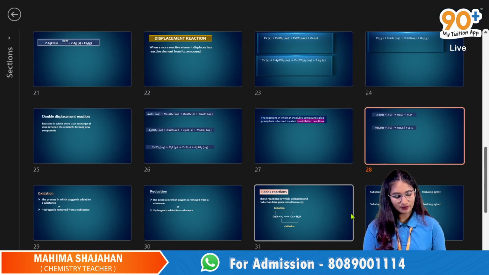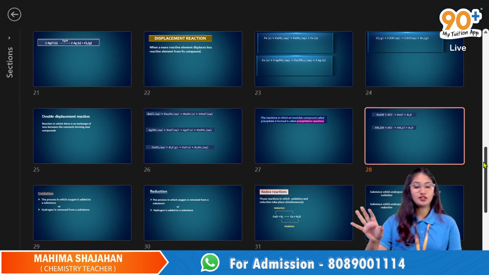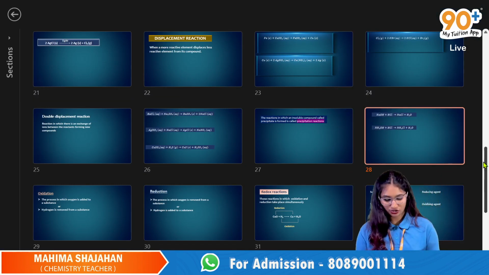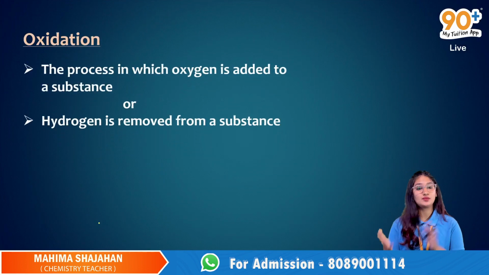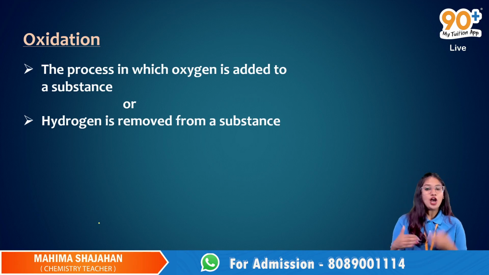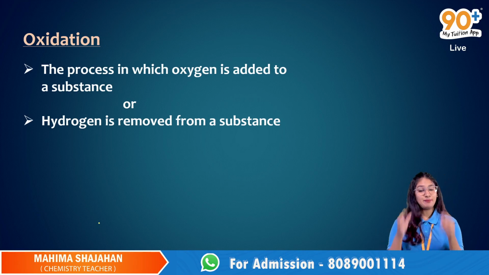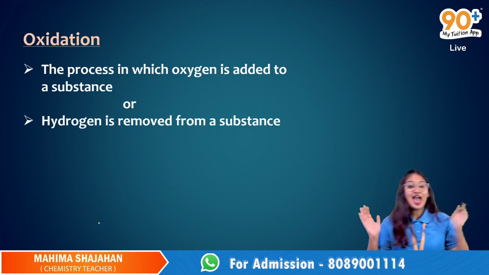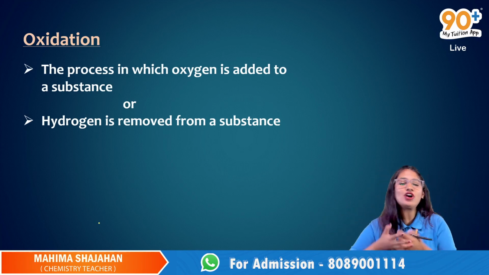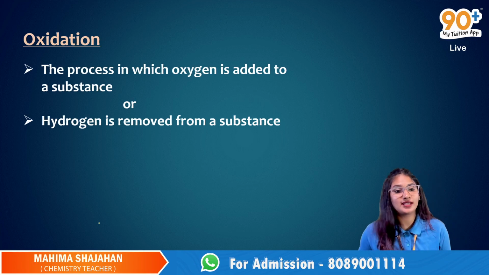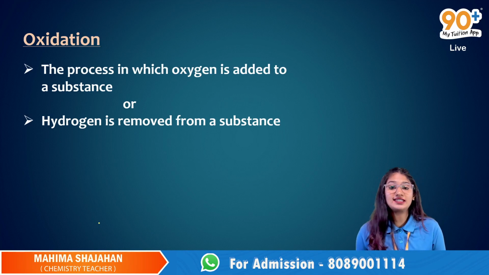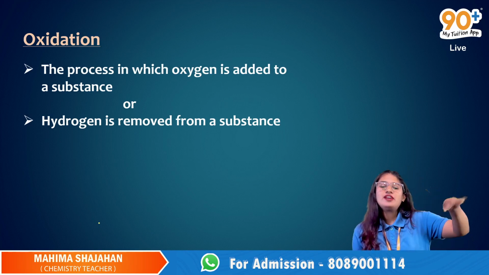Now let's move to the last one, that is redox reaction. Before going into redox reaction, we should be familiar with the terms oxidation and reduction. Oxidation is a process in which oxygen is added, gaining of oxygen. In terms of hydrogen, we can say it is the removal of hydrogen.